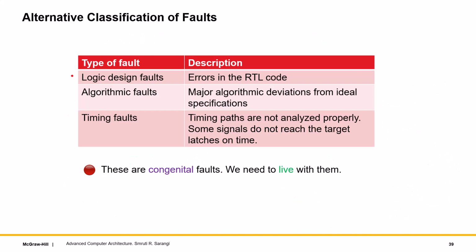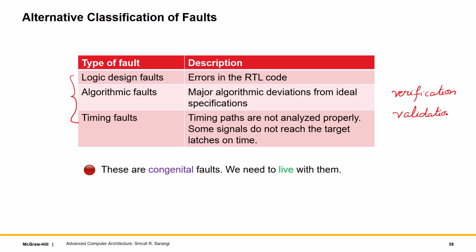So regardless of whatever they are, logic, algorithmic or timing, with a more solid and thorough verification as well as post-silicon validation for test chips, right? So verification is primarily pre-silicon, which happens on the design or aspects of the design. Validation, as I said, is primarily a post-silicon activity.